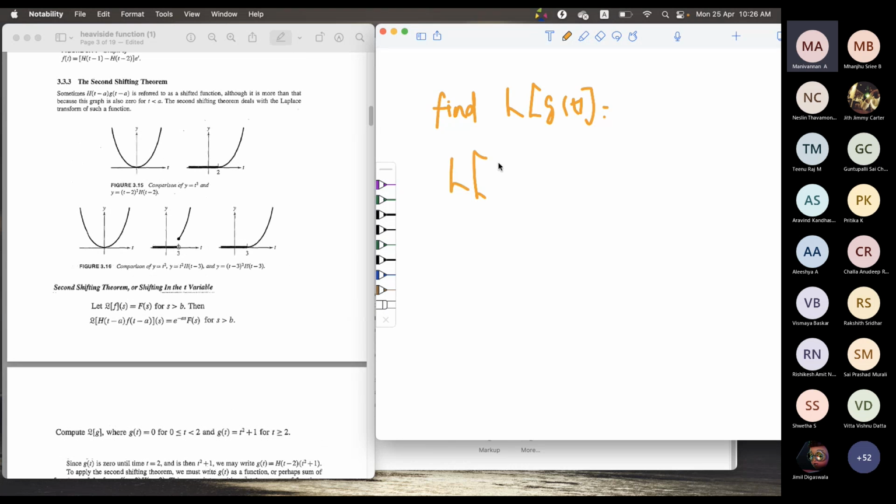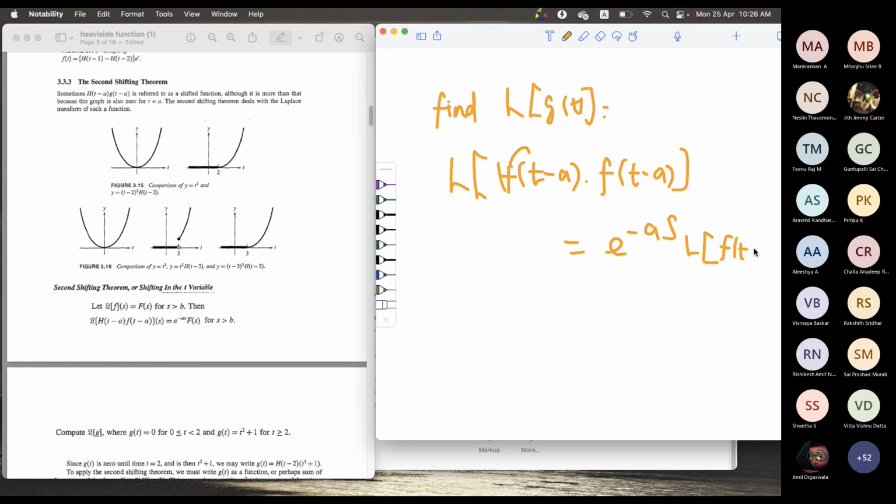Before that, the Laplace transform of h of t minus a into f of t minus a is e raised to the power minus as into the Laplace transform of f of t, that is e raised to the power minus as into f of s.